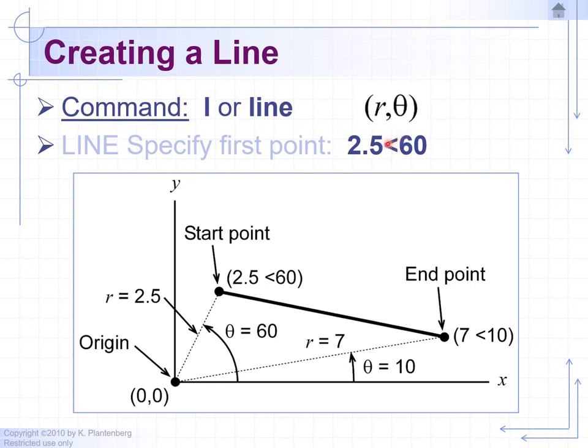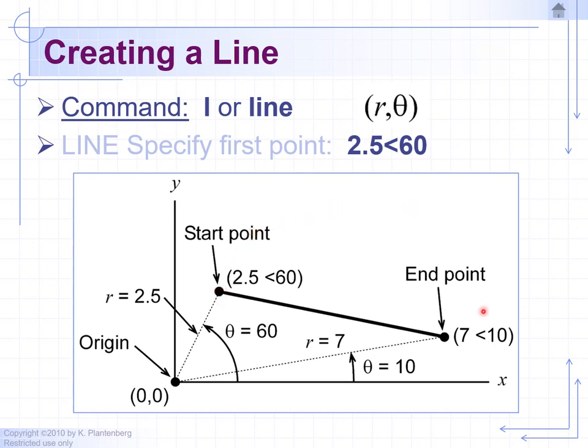So the less than symbol, you're going to hit on the keyboard Shift, comma, to get to the less than symbol. Then you type in your angle, 60, enter, and it'll locate our first point. So once again, 2.5. So from the origin, we go 2.5 units. And then we rotate 60 degrees counterclockwise to locate our first point.